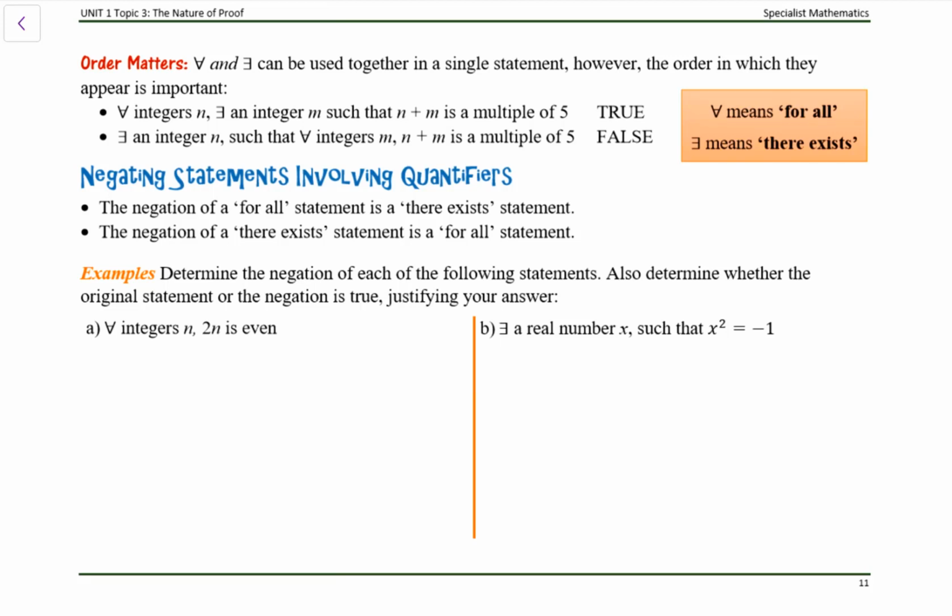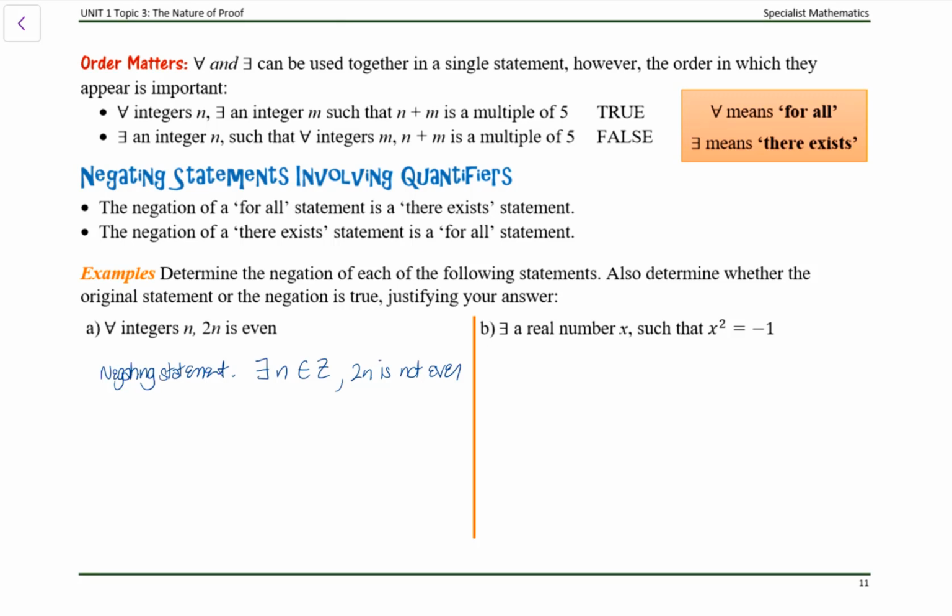So I've got for all integers n, 2n is even. Okay, so that means that the negating statement would be there exists an n, which is an element of z, it's an integer, such that 2n is not even.